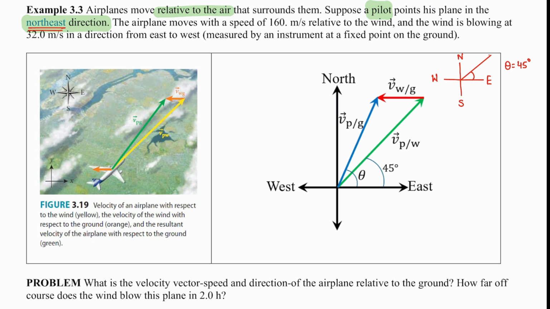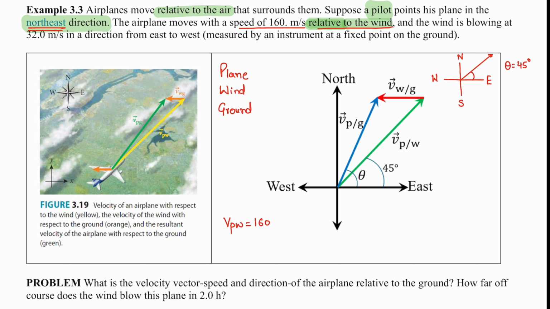Okay, the plane is moving. There are a few things: plane, wind and ground. The plane is moving with respect to the wind because there is a wind blowing. The airplane moves with a speed of 160 meters per second relative to the wind. This is the keyword, relative to the wind. So the velocity of the plane with respect to the wind is 160.